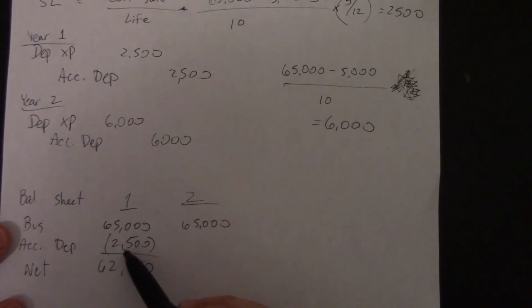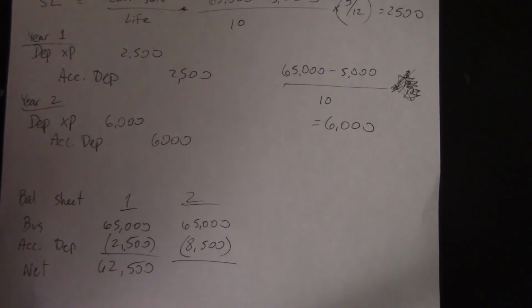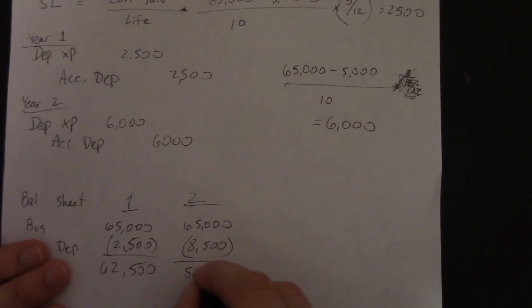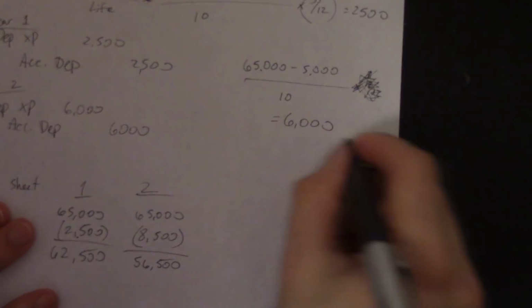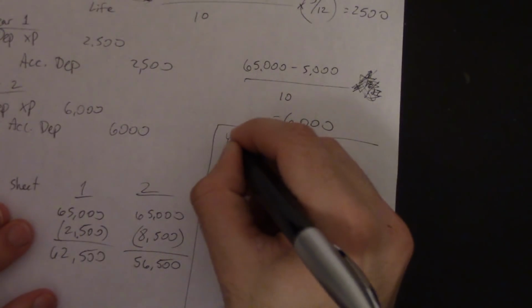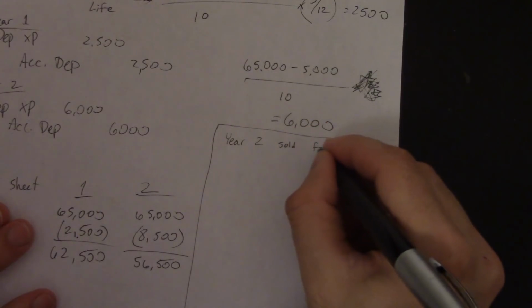Depreciation was $6,000 plus the previous balance, which is $8,500. So our net book value is now $56,500.